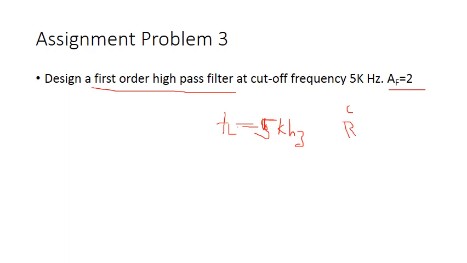Then you have to calculate R, 1 upon 2 pi FC. F is given, C is chosen. Based on that you can calculate R. Then you have to select R1 as 10k ohm, and based on R1 and AF you can calculate RF. So you have to draw the diagram of the first order high pass filter and put the values there for the components. Thank you.